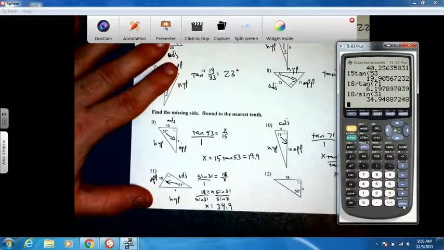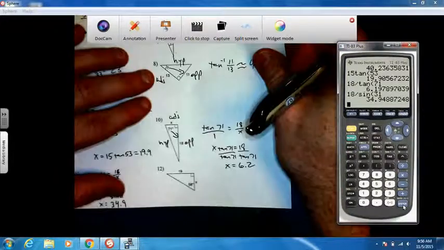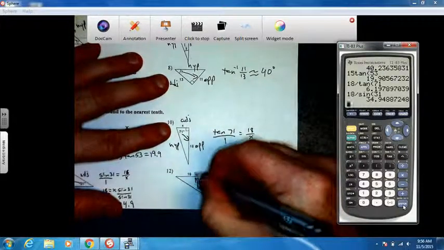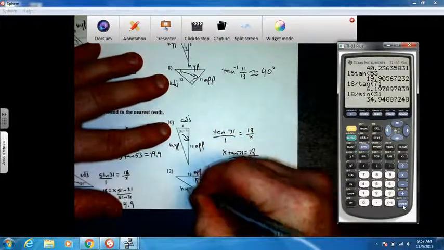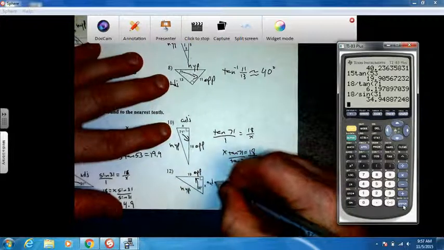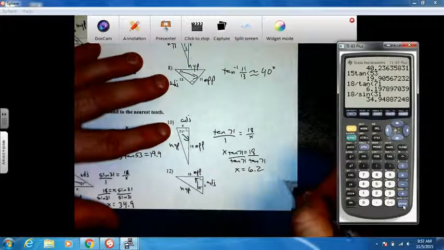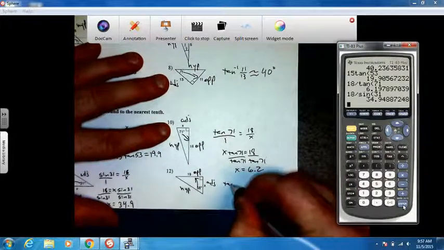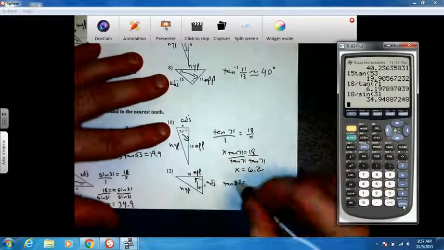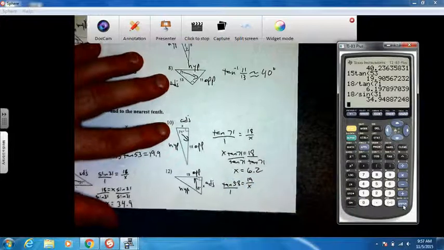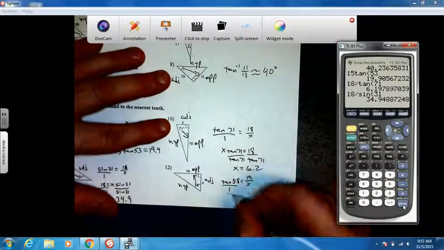And the last question, number 12. Okay, this is my angle. So opposite, hypotenuse, adjacent. So since it's opposite and adjacent, that would be tangent. Tangent of the angle equals opposite over adjacent. Make it a proportion. Cross multiply.